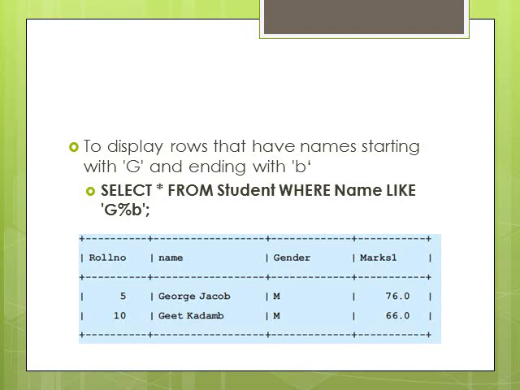In between, any number of any characters can be there. From the output you can view two records, roll number 5 George Jacob and roll number 10 Geet Kadam. In both the names the first character is capital G and the last character is small b.